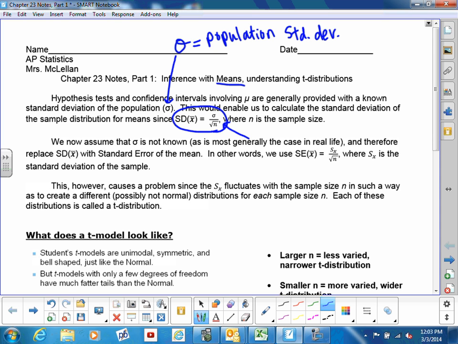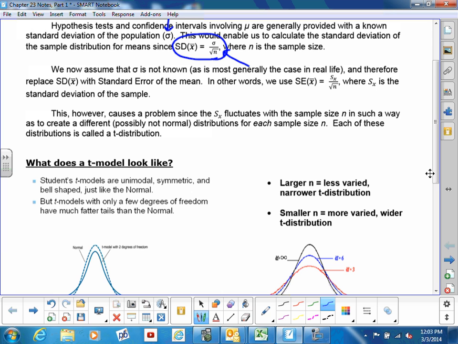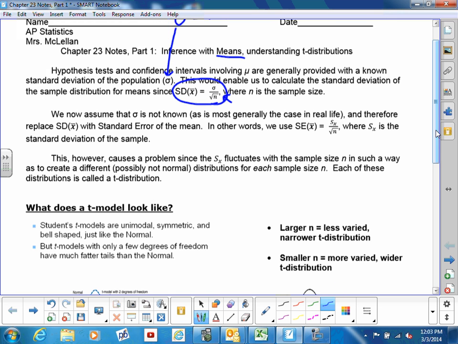You remember that? Standard deviation over the square root of n is that standard deviation of the sampling distribution. Okay. However, what is most generally the case in real life, you typically do not have sigma. You most often do not have sigma given to you.